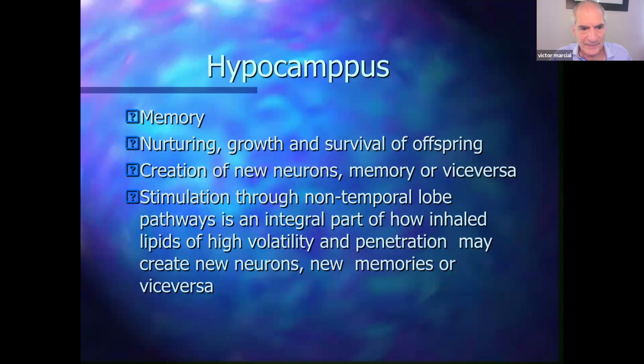We may hypothesize that it might be due partly to stimulation through the non-temporal lobe pathways, an integral part of how inhaled lipids of high volatility may create new neurons. We're not sure, but that's one possible pathway.